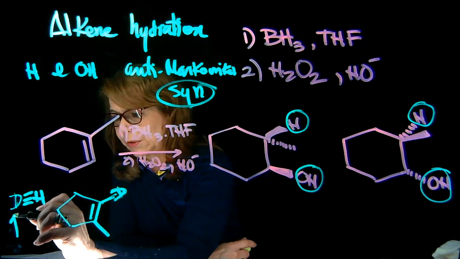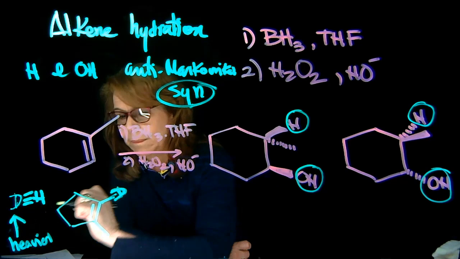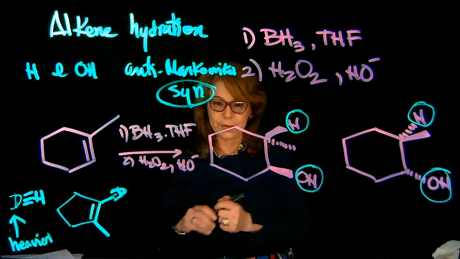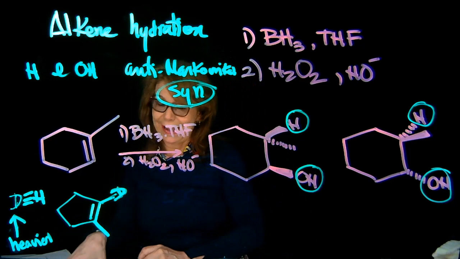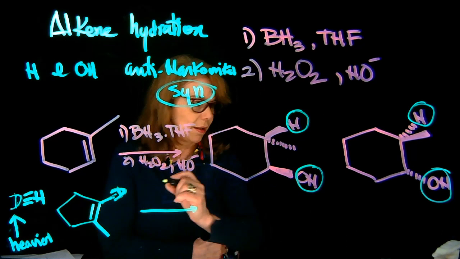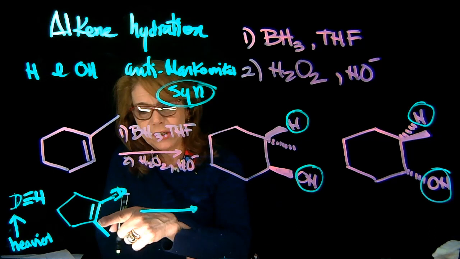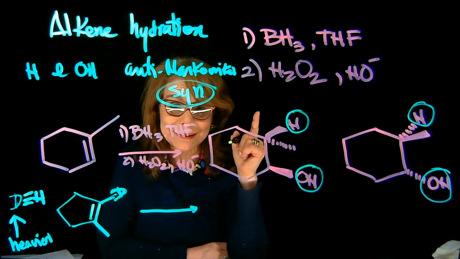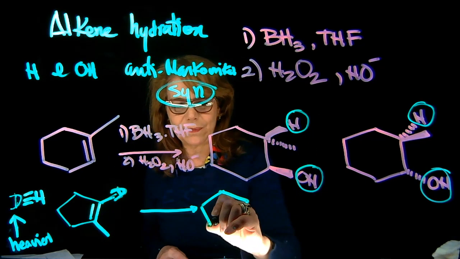This is just a heavier isotope, but it behaves similarly to hydrogen in this reaction. So what are we doing then? We are going to be adding H and OH across the double bond in anti-Markovnikov fashion. So here you will need to add the H at the more substituted, the OH at the least substituted. I said it backwards.